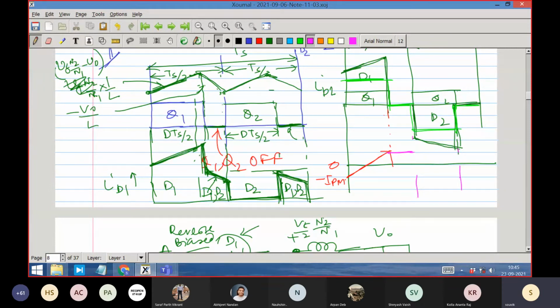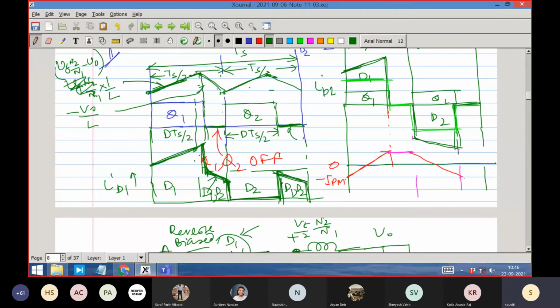Let me do it in red, because it has now jumped back to the primary. And what will happen in the next period, when both Q1 and Q2 are off? It will again jump back to the secondary, because the secondary side is shorted and the current can flow. I will show you how the current can flow.